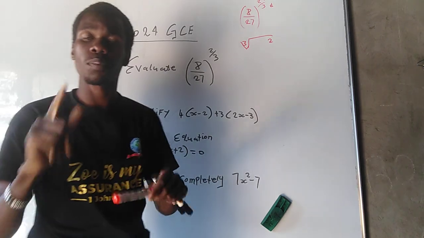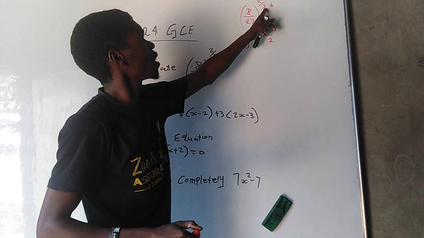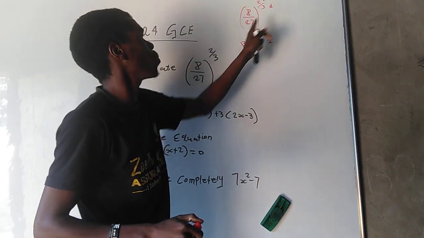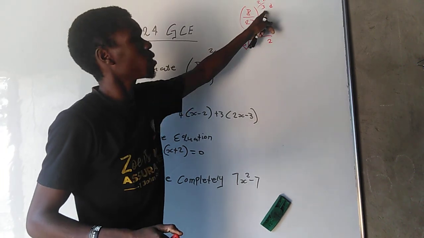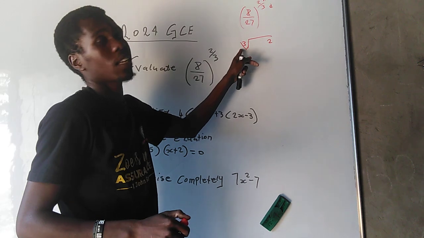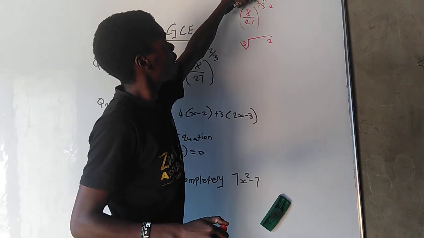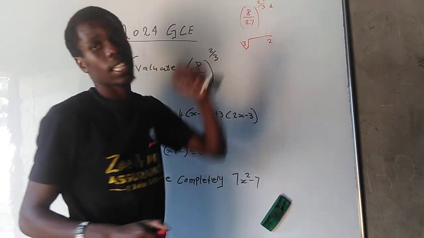That's the first thing that you need to do. The 3, the one which is under, the denominator, is going to be the cube root. If I was having a 4 here, I would have put a 4 here. If I was having a 7 here, I would have put a 7 here. If I was having a 10 here, I would have put a 10 there.